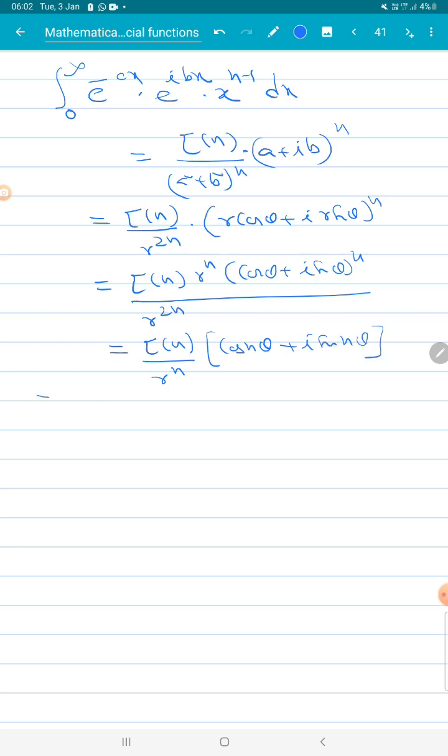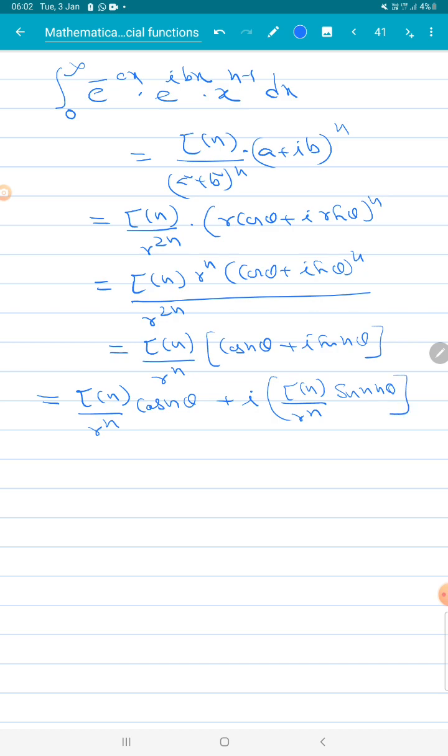Now I divide this into two parts, the real and imaginary parts. Gamma of n by r to the power of n into cos n theta is the real part, and i into gamma of n by r to the power of n into sin n theta is the imaginary part.